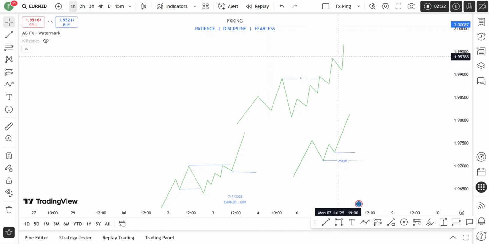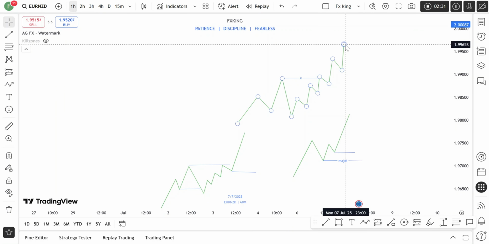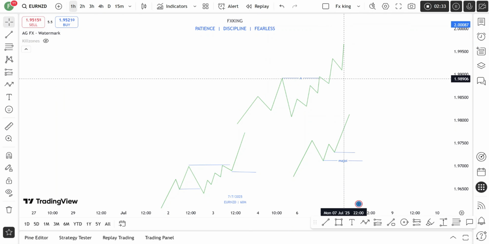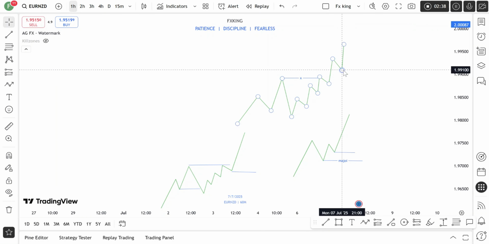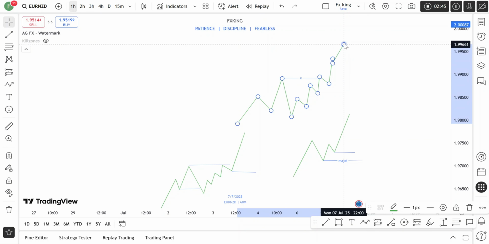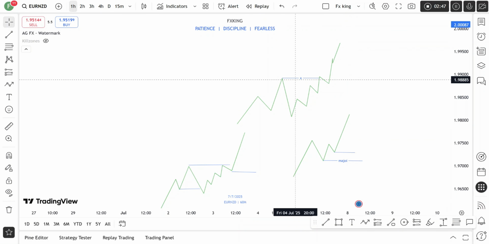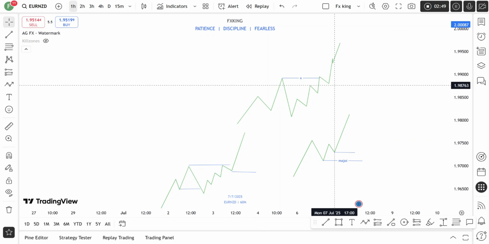Only if you are considering a major inducement, it's only an inducement that occurs after the break of structure. So starting from this high, you spot the first pullback, which will be this one in this case. This will be our major inducement here. Now bear with me: if this pullback was not here, the only pullback above this break of structure, the first pullback above it, will be this one, which will be our inducement.